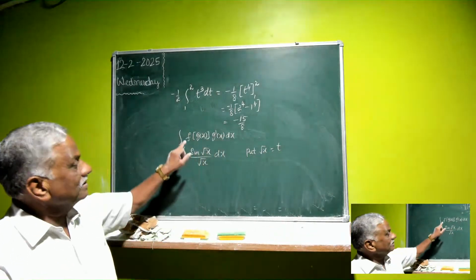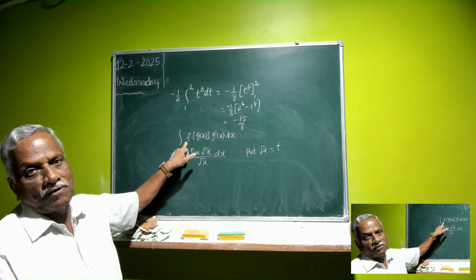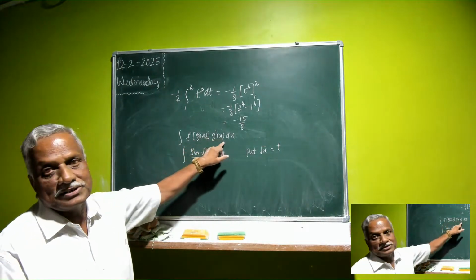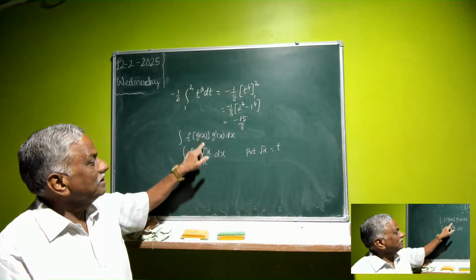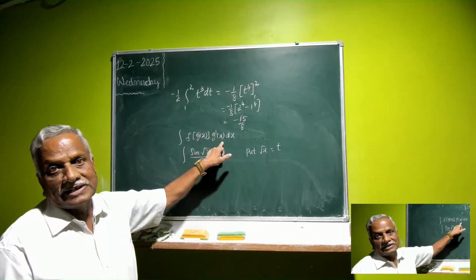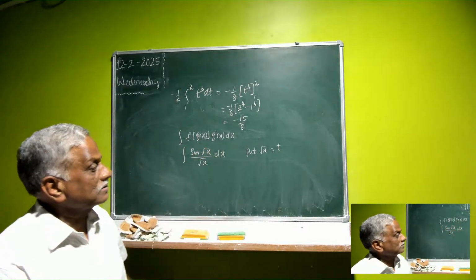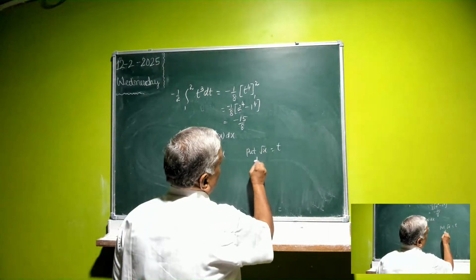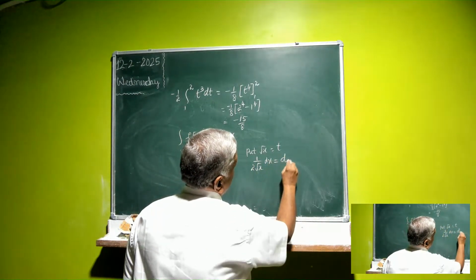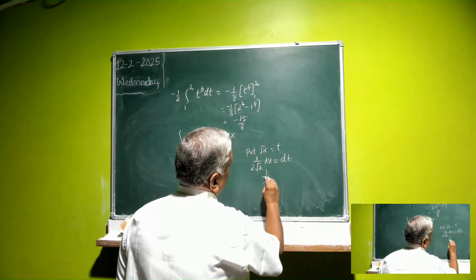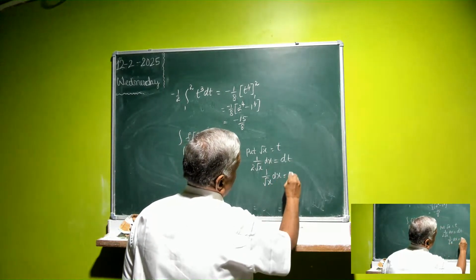So you should realize this is a problem of the type f of g of x and g dash. So what is f? That is sin. G of x is root x. For the g dash of x, 1 over 2 root x. So when you differentiate this, you get 1 over 2 root x dx is equal to dt, or 1 over root x dx is 2 dt.